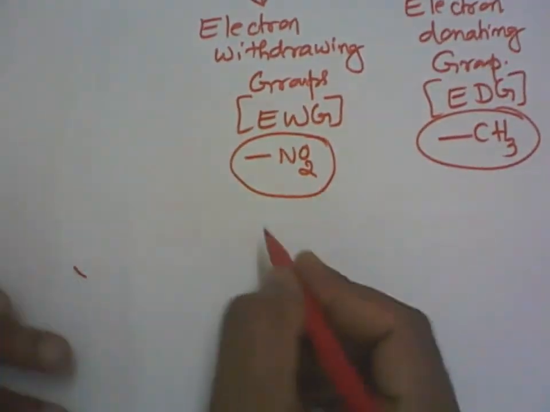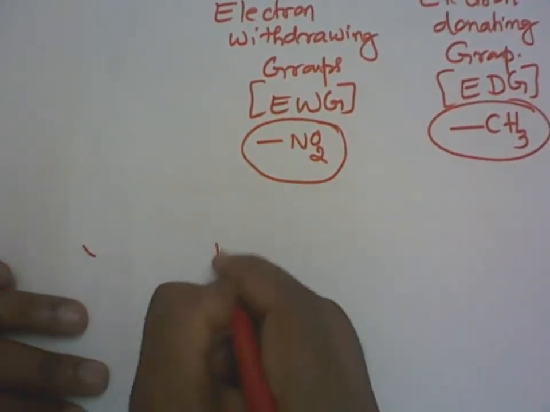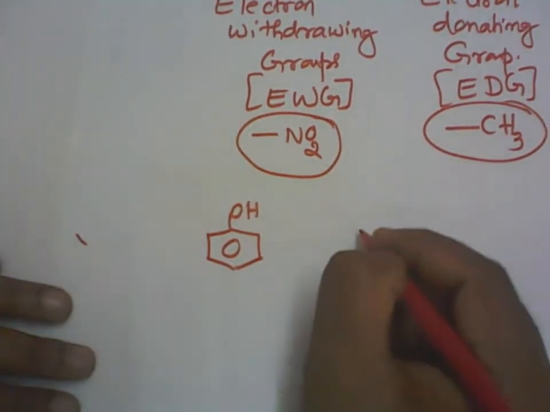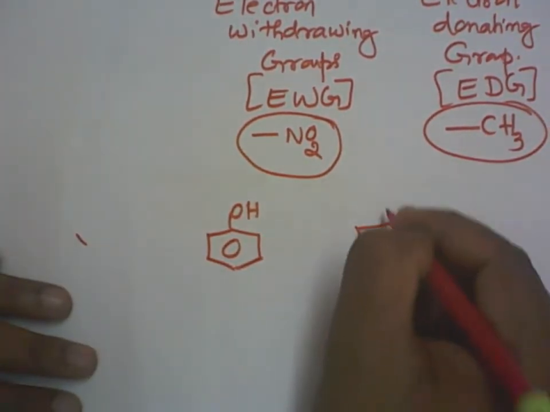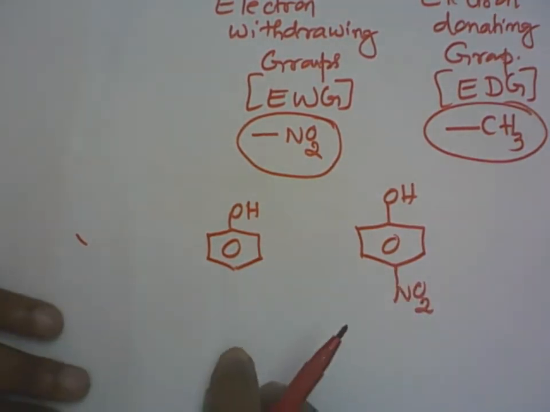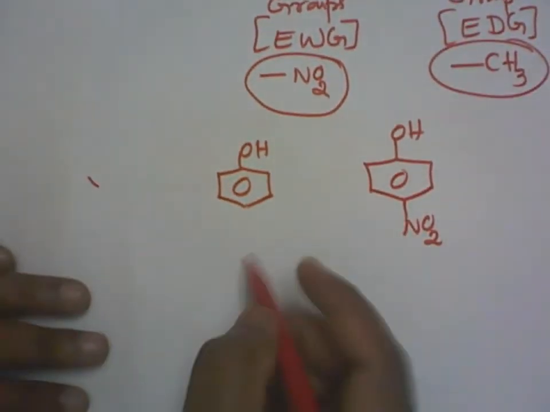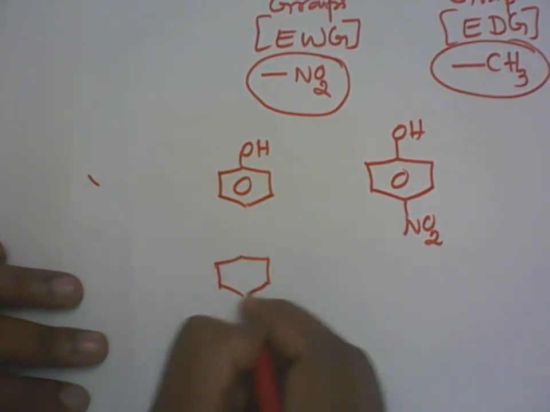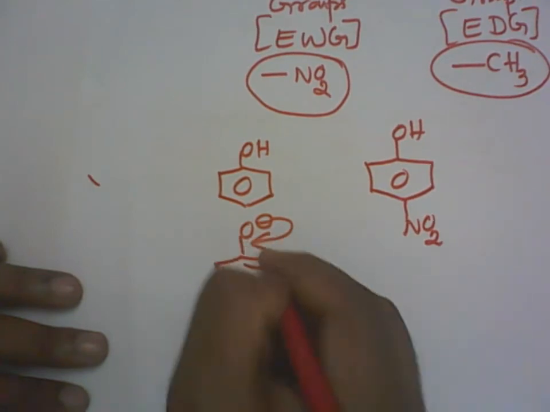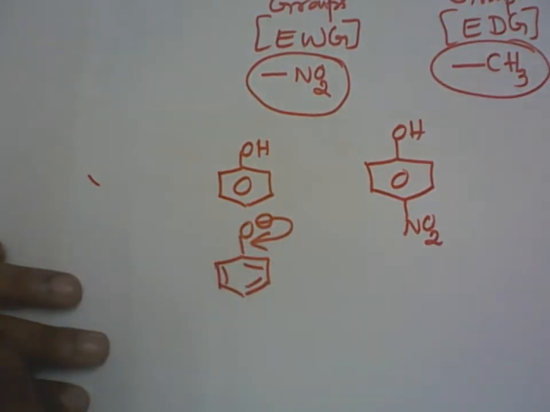Now let me take phenol here. Let me take para-nitrophenol as the example. You know that both will form phenoxide. This also forms phenoxide and undergoes resonance. This also becomes stable.